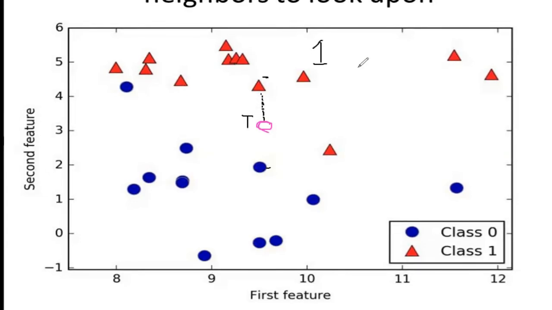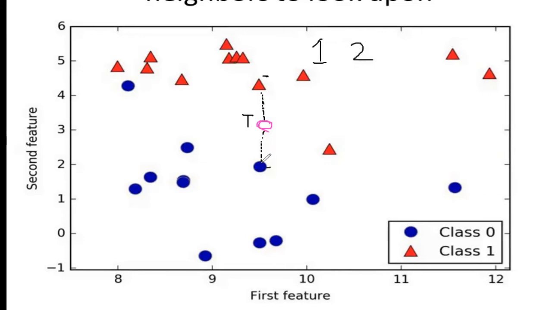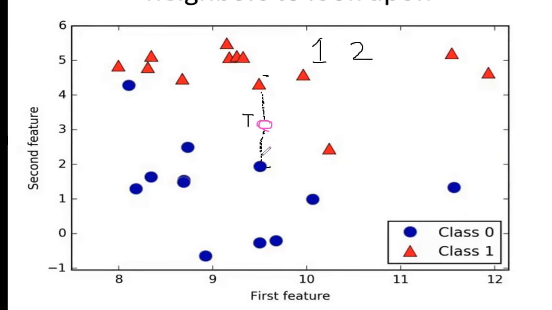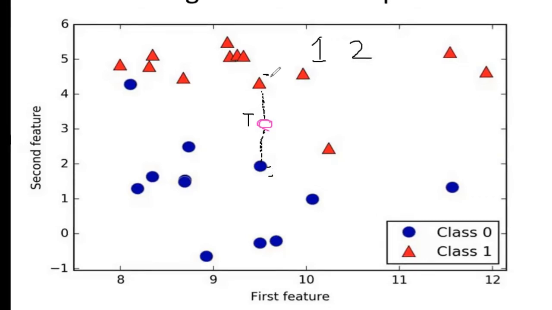Now what happens if we were using two neighbors? Now the second neighbor, it will look like this, right? Now we are looking at the two closest neighbors, number one and number two. Now if one is a circle and the other is a triangle, what should we classify?